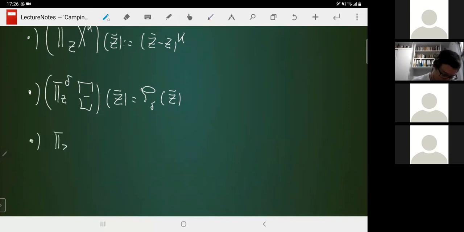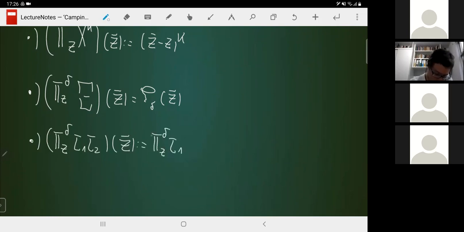Pi z delta of tau 1 tau 2 at z bar we define simply as the product: pi z delta tau 1 of z bar times pi z delta tau 2 of z bar. So this is something that can pop up. We have two symbols, tau 1, tau 2, then we may multiply them.